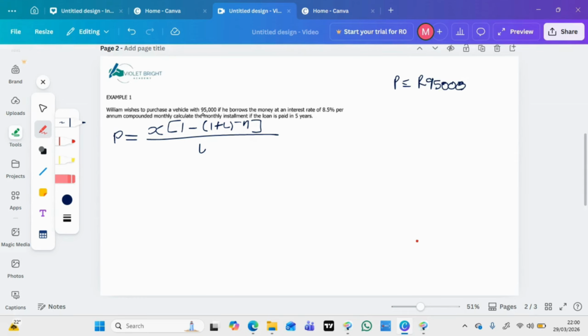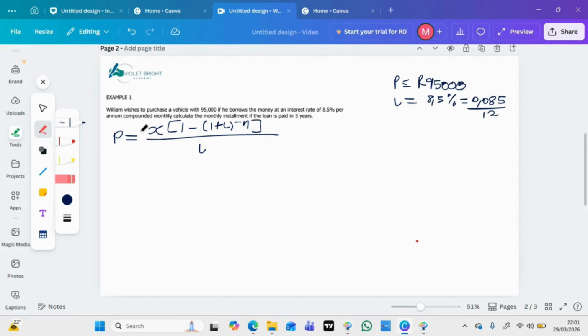Then the interest we are given is 8.5%, compounded monthly, so this will be 0.085 divided by 12.